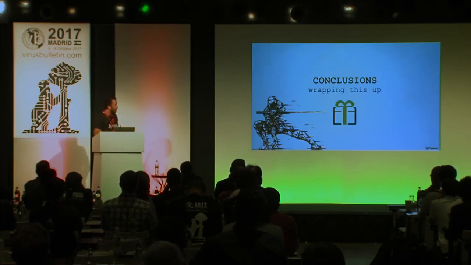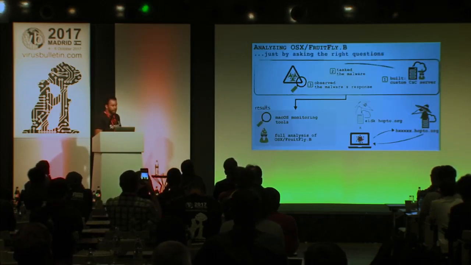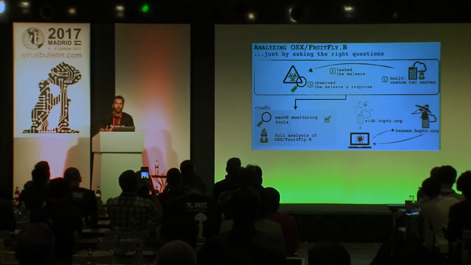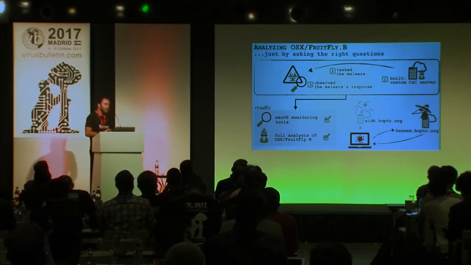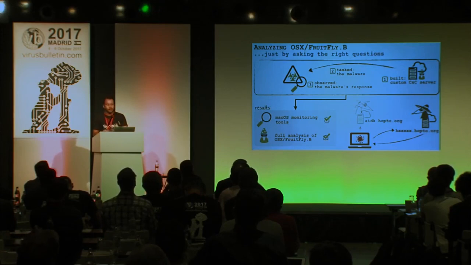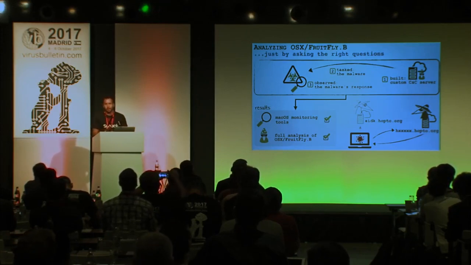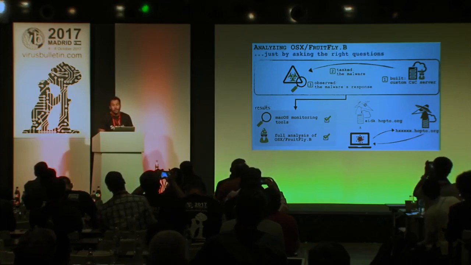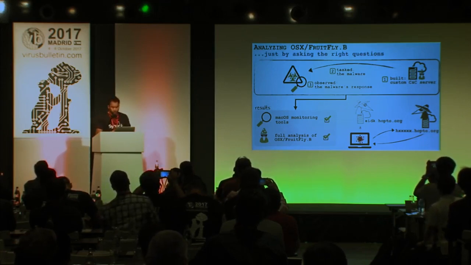All right, so let's wrap this up. We have 2 minutes. Again, we showed today how to comprehensively analyze an interesting piece of malware just by asking the right questions. We built a custom command and control server, tasked the malware, and then observed the malware's response. Along the way, we built some interesting open source utilities that are available online.